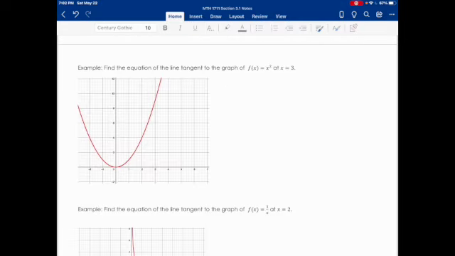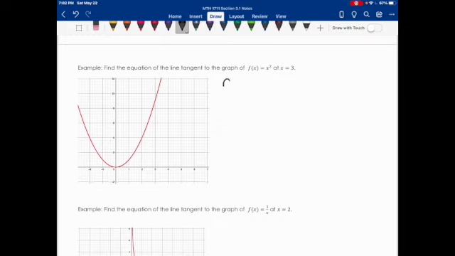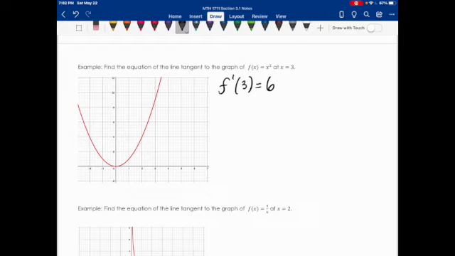Okay, now we're going to go on to the next example, and in this example we're going to take it one step further and actually find the equation of the tangent line. So just quickly, let's remind ourselves that this notation that we had before means the derivative at x equals 3 is 6. That's what this means.